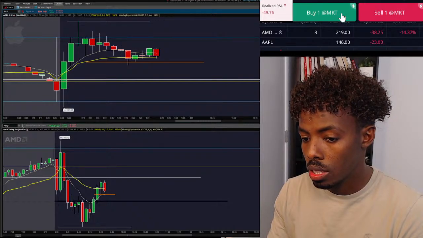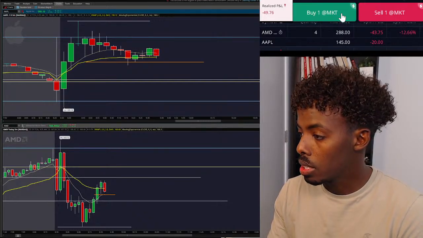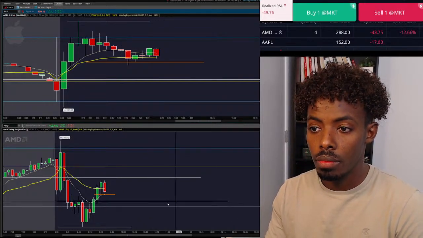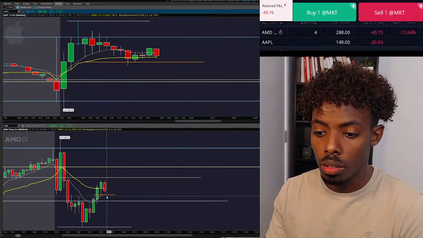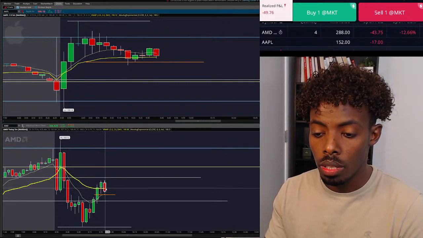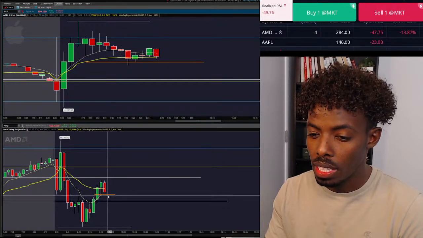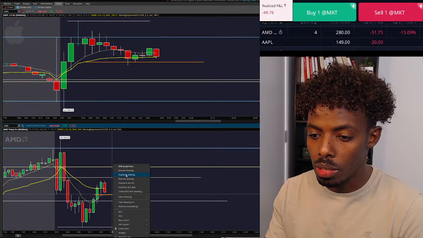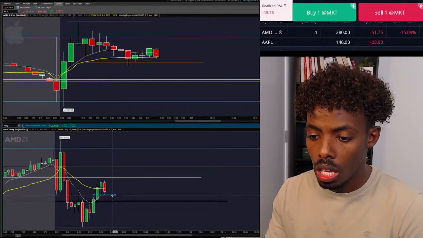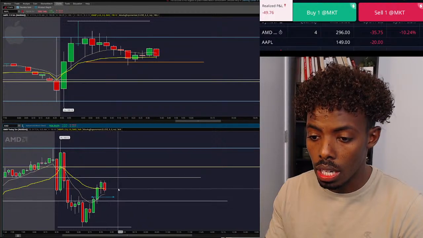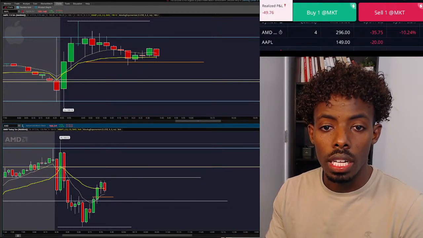I really don't like it, but yeah, let's do it. It came right back down below the VWAP. We'll see if it's going to hold this ADMA. If it doesn't, that's going to suck, so we do have to respect it. If this candle closes red, I'm just going to call it a day.